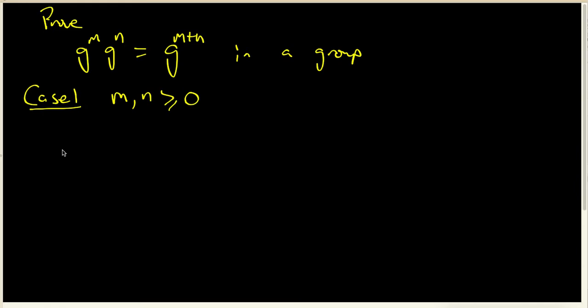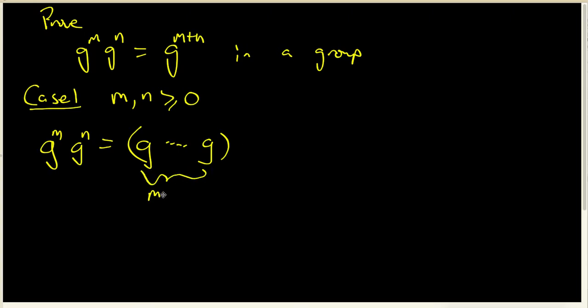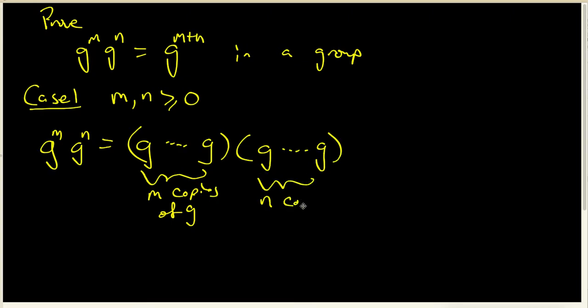And then just the meaning of what a basic exponent with a positive integer means is all that we need here. g^m times g^n is going to be a bunch of g's multiplied together, and we are going to have m copies of g there, and then we have another bunch of g's multiplied together here, and here we have n copies of g, and when we add them together, we have a total of m plus n copies of g. So in the first case, everything is easy.